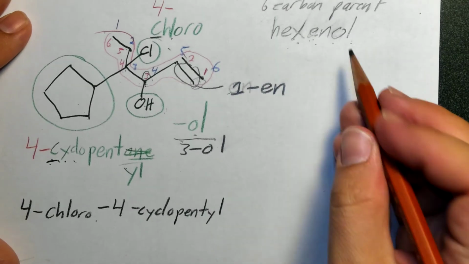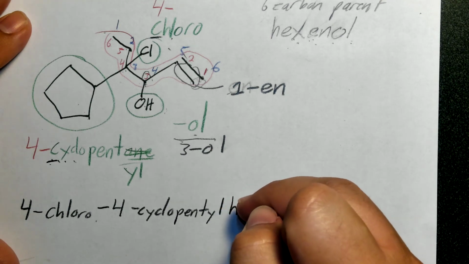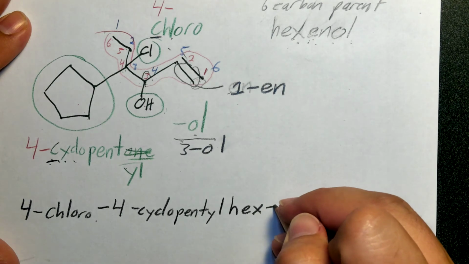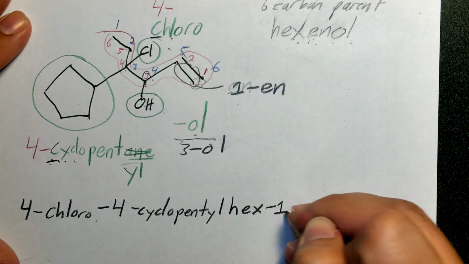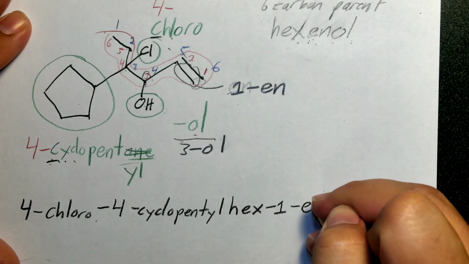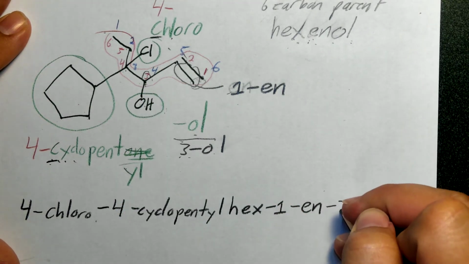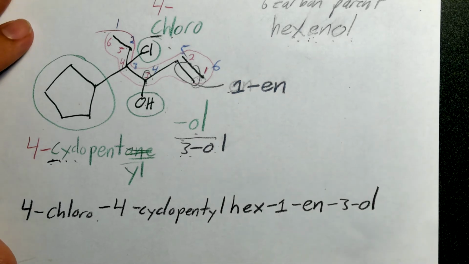Then the hexenol part. So hex. And then the locant for the unsaturation is 1, ene. And then the alcohol is at the 3 carbon, so 3-ol.